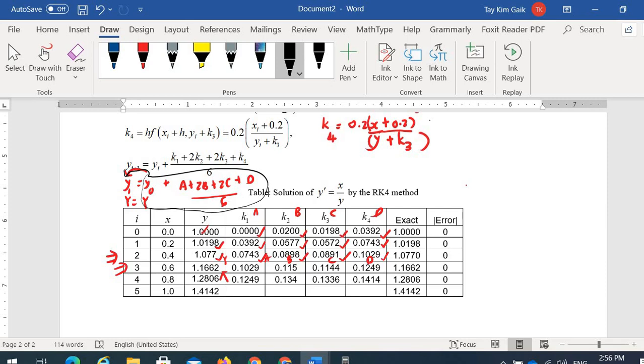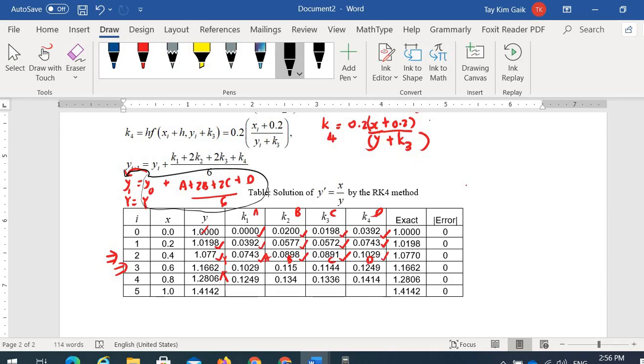And then the next K2, repeat the process. K2 will be the current X plus H over 2. For K3, X is the same as K2, so just press down. Y is again Y plus K2 over 2. For K4, the X is 0.2 plus H becomes 0.4, and then the Y is the current Y plus K3.